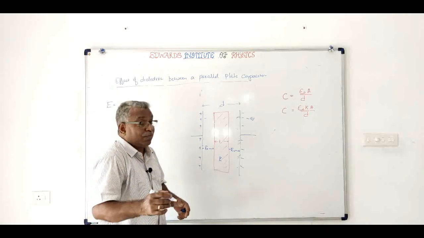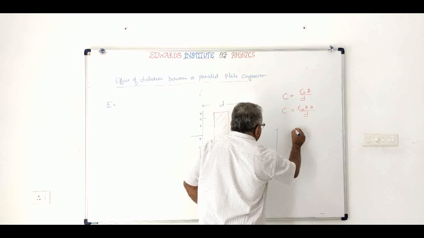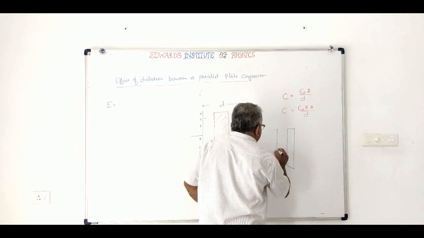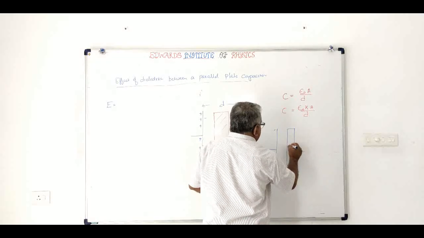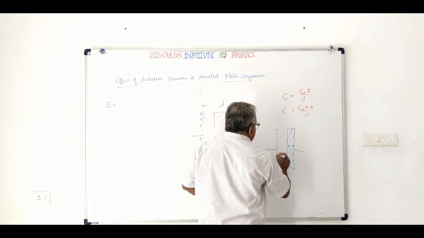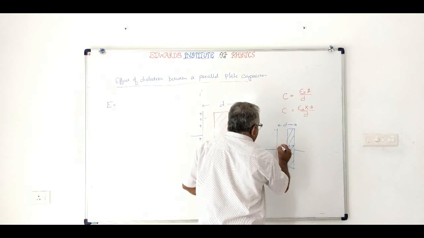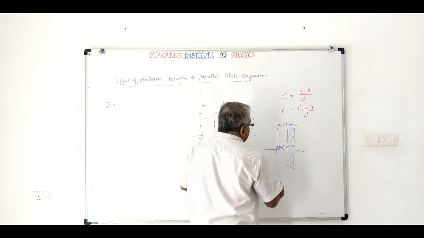To understand it more easily, imagine that the dielectric is kept like this. This thickness is T, and this is the dielectric. The total distance is D, so the remaining part will be D minus T.